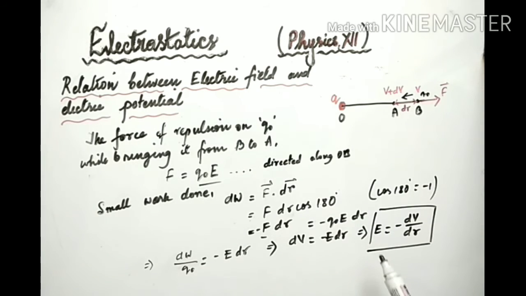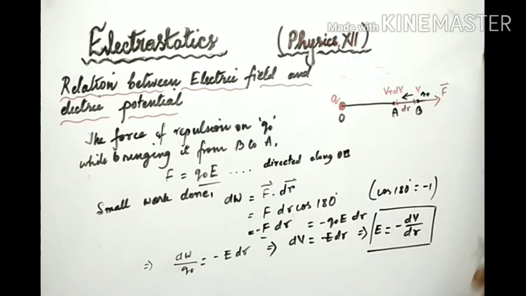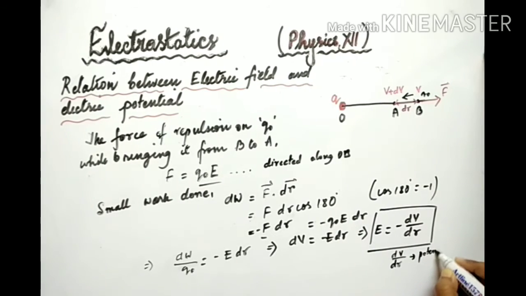So here you can see we have deduced the relation between electric field and potential. So here dV by dr is known as potential gradient.